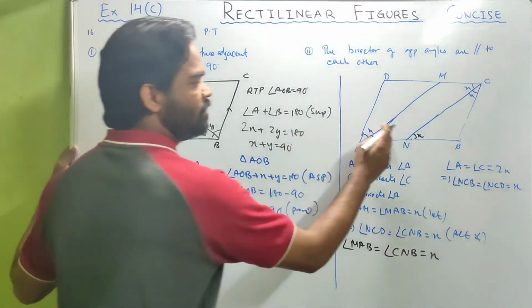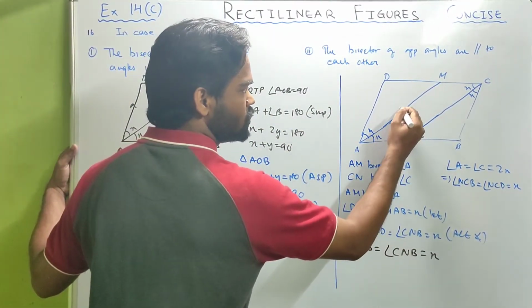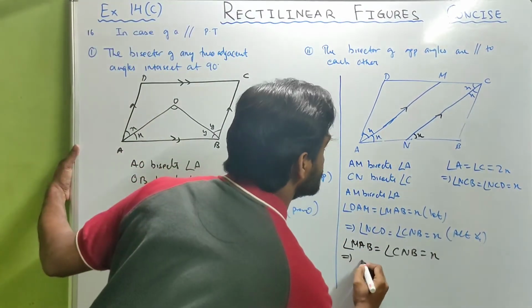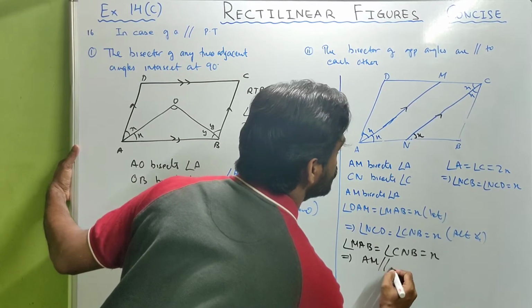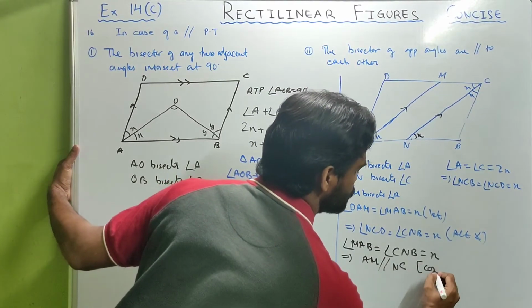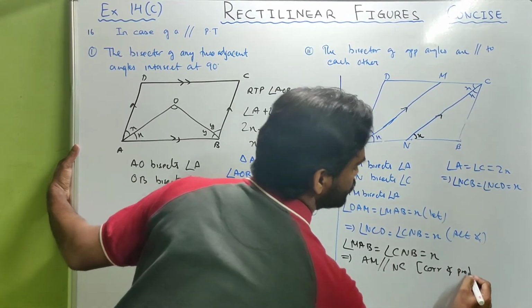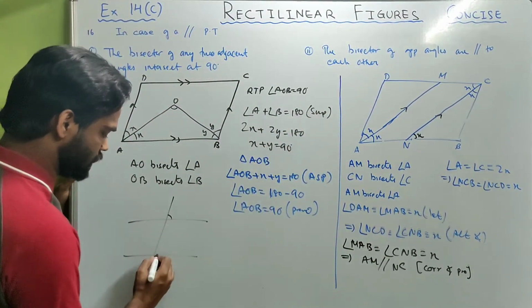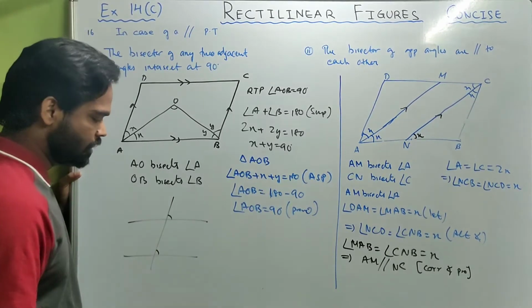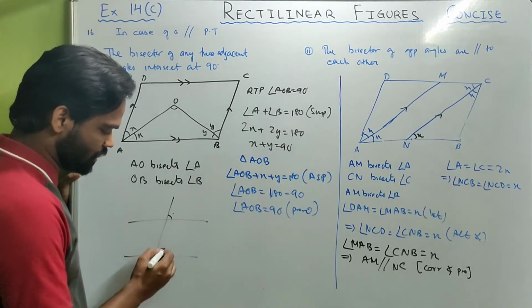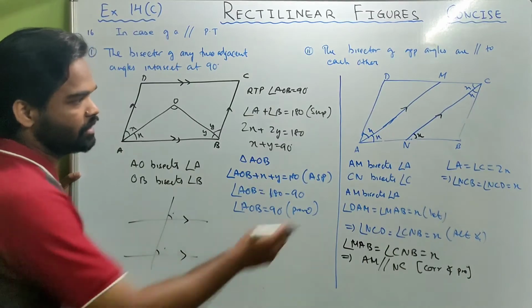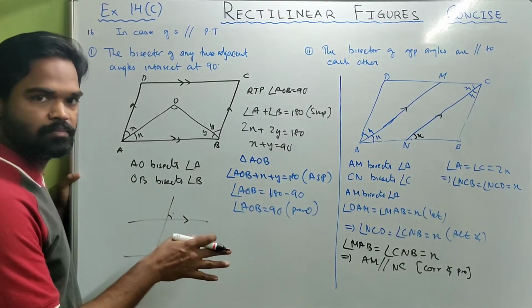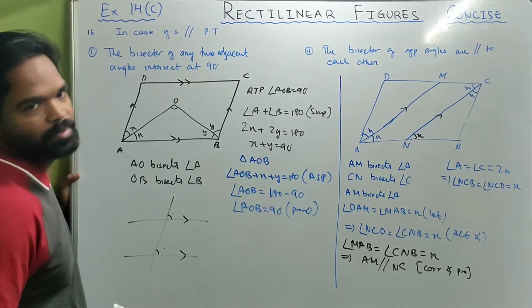And when will this happen? When these two are parallel, because these two become corresponding angles, which implies AM is parallel to NC by the corresponding angle property. Remember, if two lines are parallel, then these corresponding angles are equal, which means the converse: if these two angles are equal, then the lines are parallel. We have used that property over here. If you can draw the diagram clearly, the sum will be done.